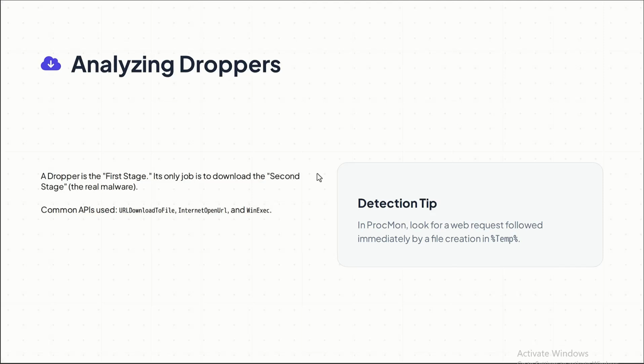Well, regarding droppers, analyzing droppers, a dropper is the first stage. Its only job is to download the second stage, the real malware. Common APIs abused for dropper mechanisms are URLDownloadToFile, InternetOpenUrl, and WinExec.